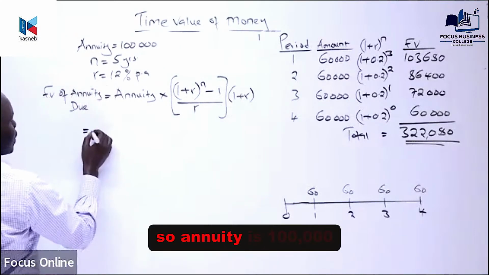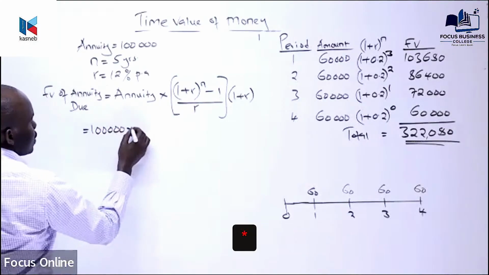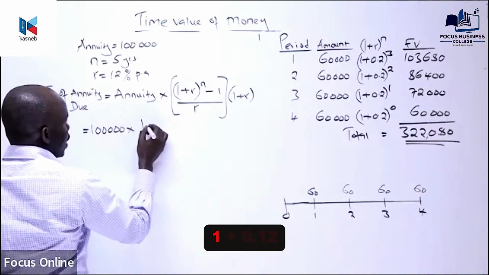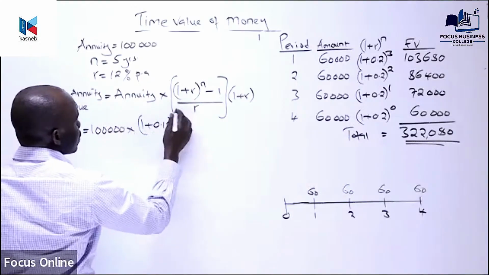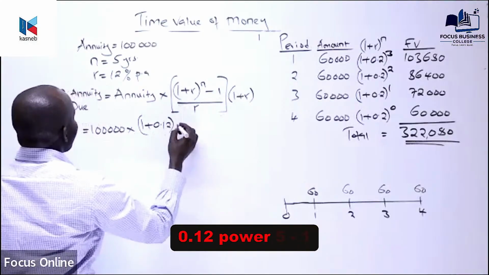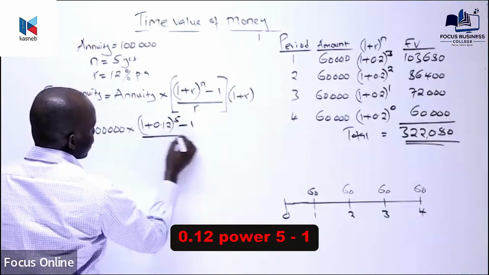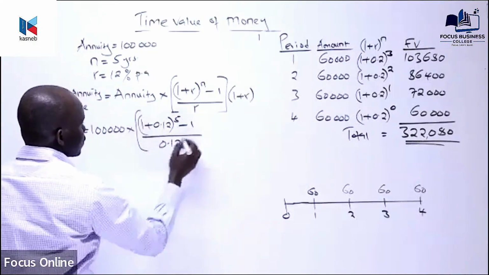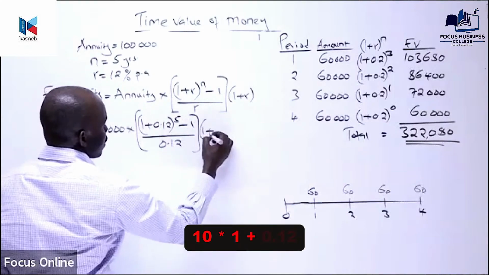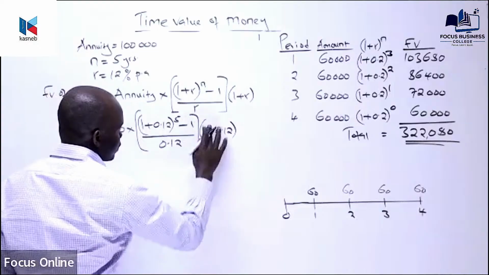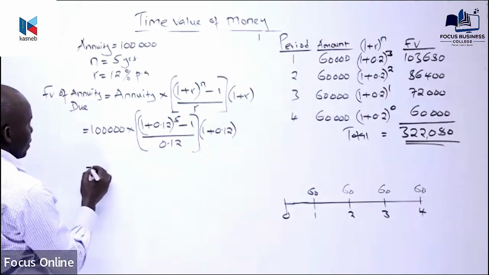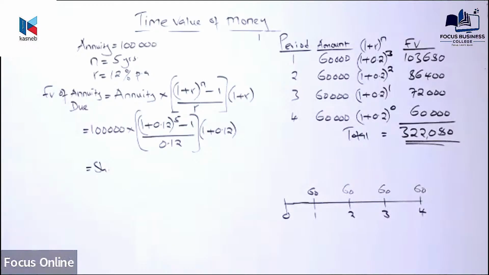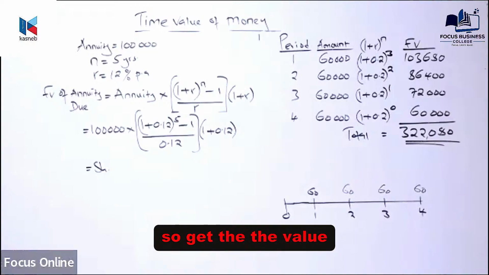So annuity is 100,000 times 1 plus 0.12 power 5 minus 1 over 0.12, then times 1 plus 0.12. So get the value.